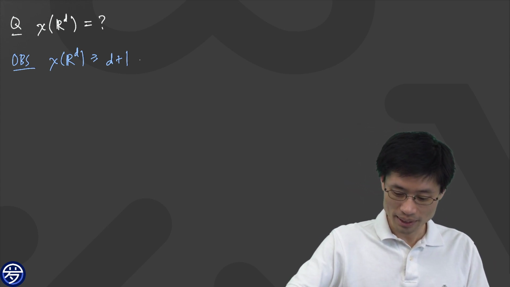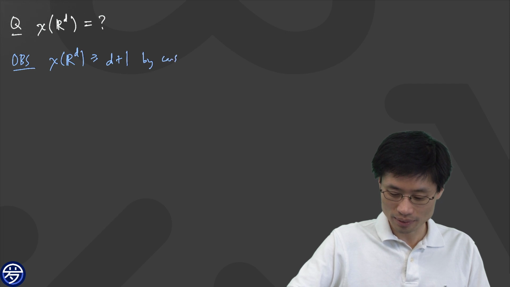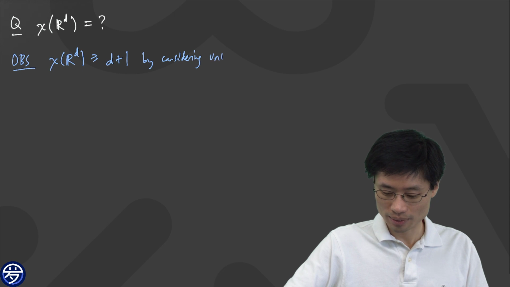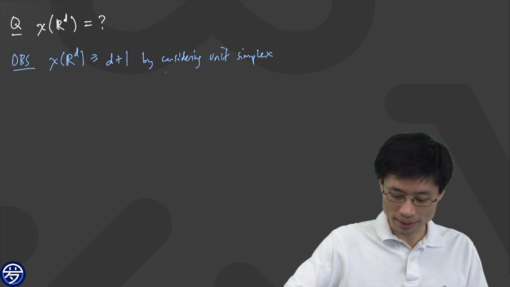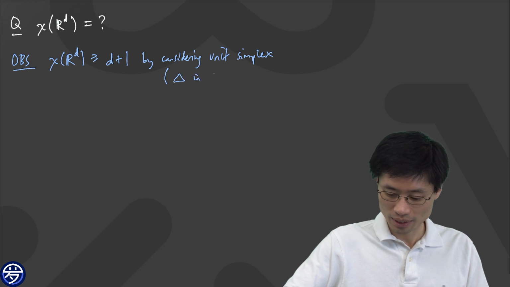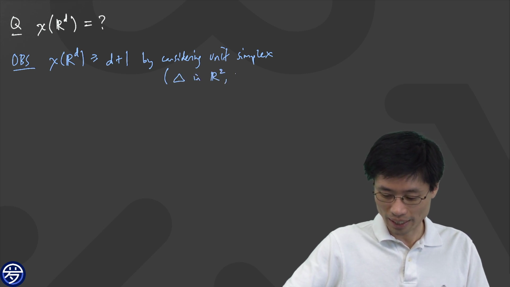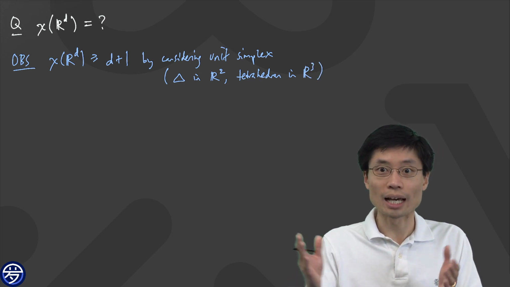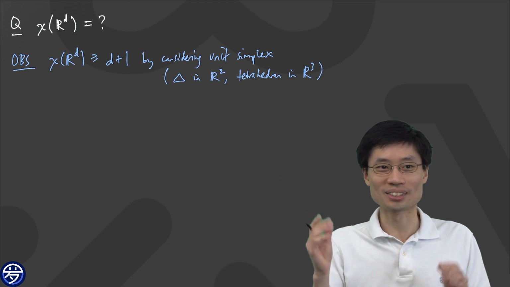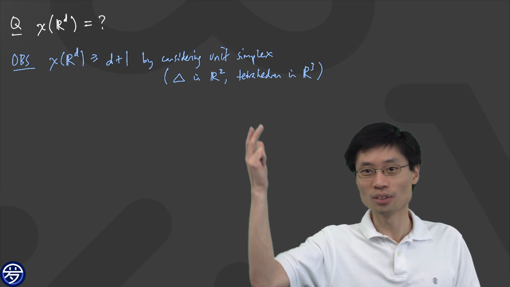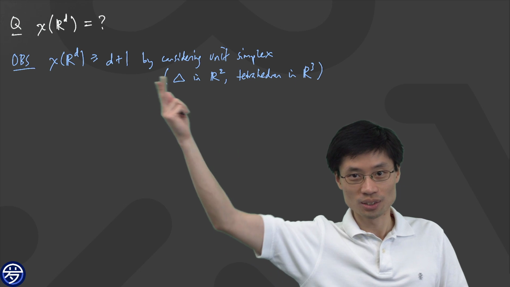So what this is by considering the unit simplex, which is a triangle in R2 and a tetrahedron in R3. Sorry, these are the equilateral triangle or the equilateral tetrahedron in R3. And you always will get one more than the dimension. So we can do this.